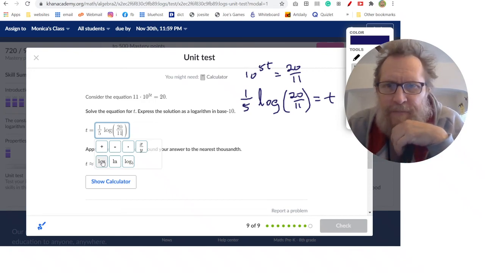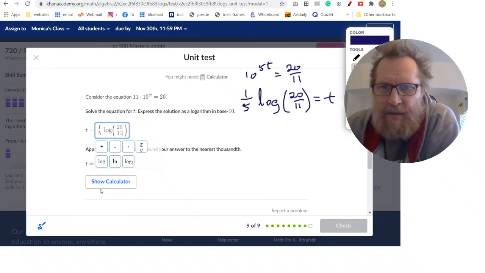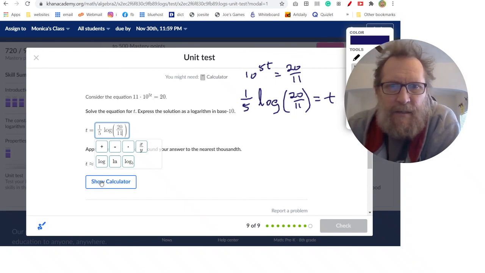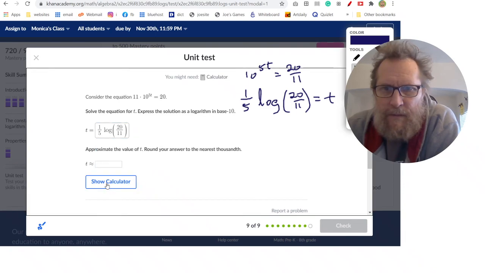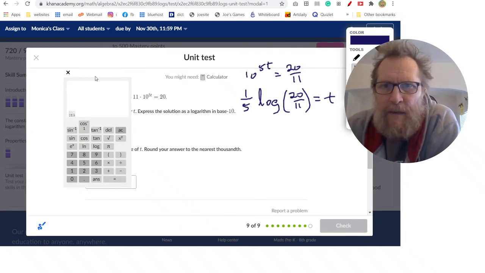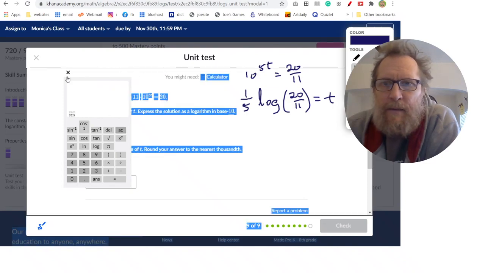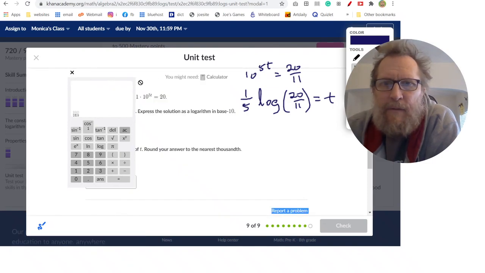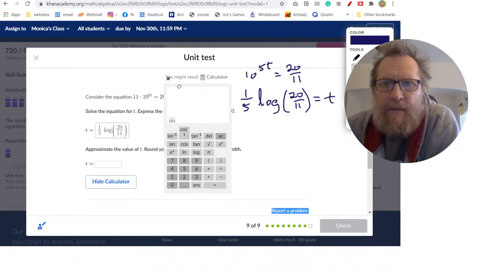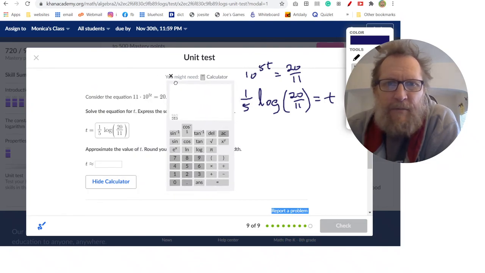That's it. And then I'm going to show the calculator. There we go. And can I move it? Not very well. My machine's not working very well. I should have left it where it was.